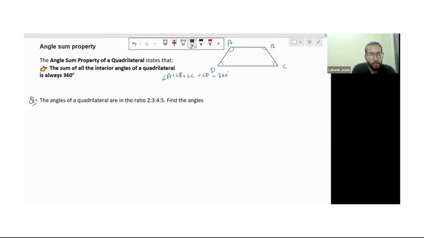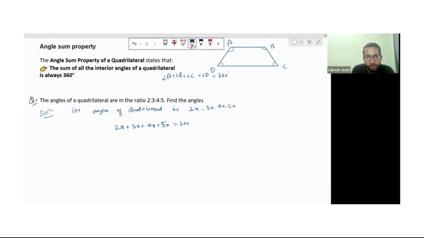Whenever a ratio is given, we can simply let the angles of the quadrilateral be 2x, 3x, 4x, and 5x. But we know according to the angle sum property, the sum of all the interior angles of the quadrilateral should be 360. So 2x plus 3x plus 4x and then 5x should be 360.